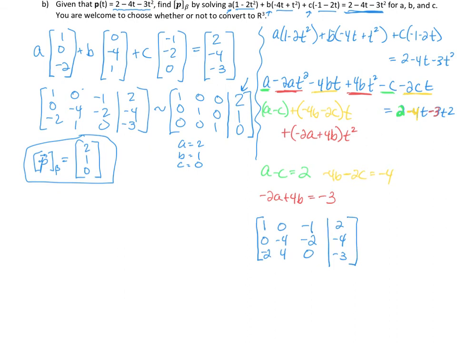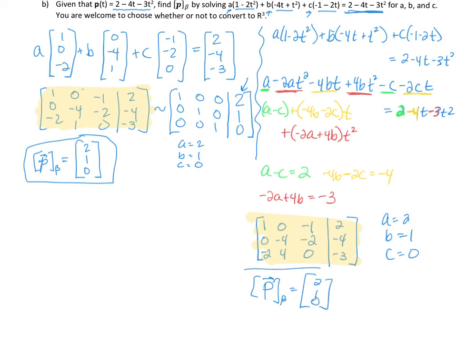So you'll notice that this augmented matrix is the same as this augmented matrix. So we're really doing the same process here. And we solve and we get a equals 2, b equals 1, and c equals 0. Those are the weights. So the coordinate vector with respect to the basis beta is 2, 1, 0. Same answer as we got on the left.